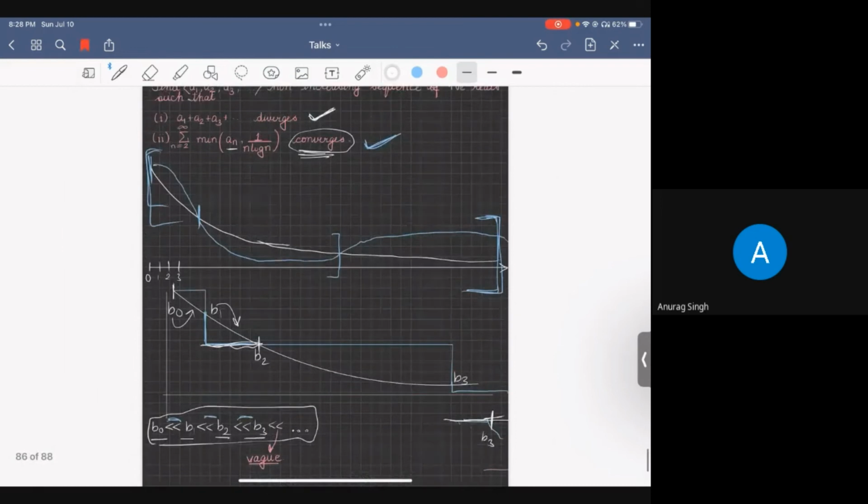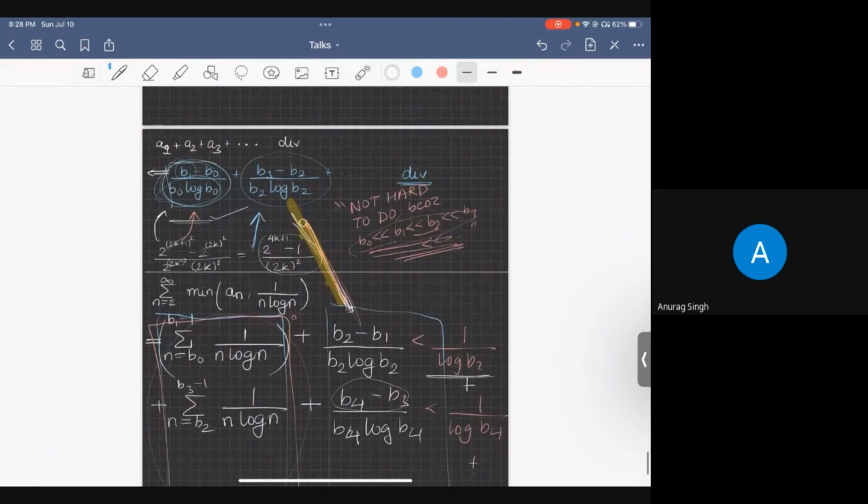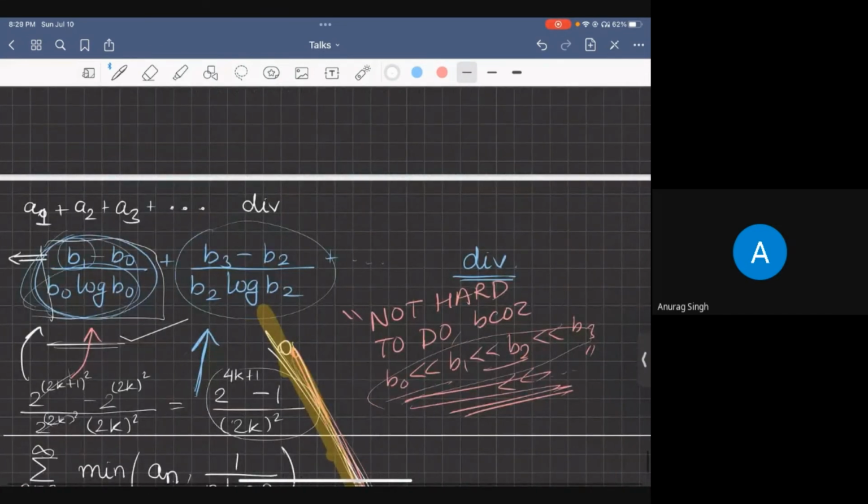What else did we want? We also wanted this, but this is not hard to do if I take B1 to be large enough. But let's see how large it should be. So it suffices for (B2k+1 minus B2k) over B2k log B2k.